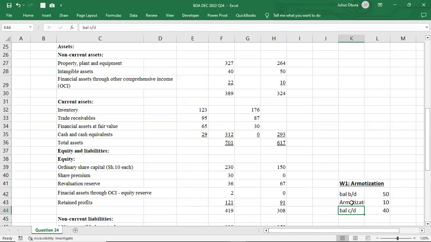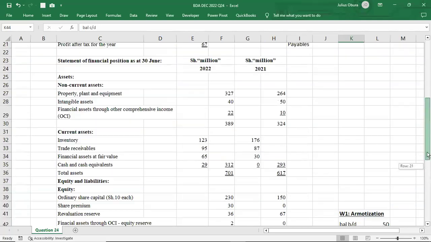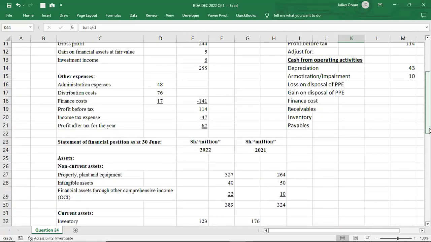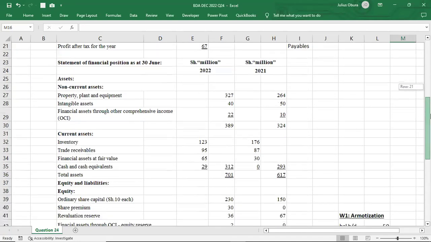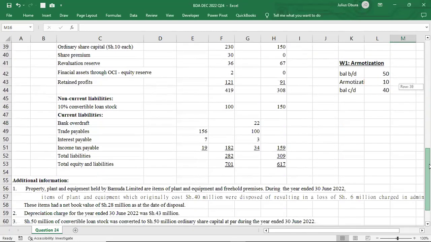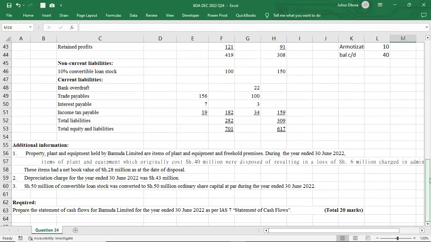The next, what do we have here next? We have the loss on disposal of PPE. So we check during the period, was there any disposal of PPE? Yes. Additional information number 1, we are told that property, plant and equipment held by Bermuda Limited are items of plant and equipment and freehold premises.